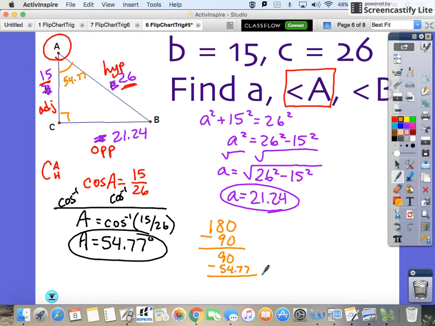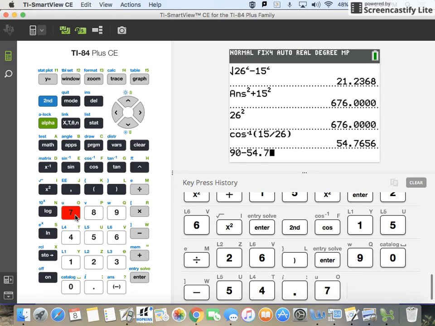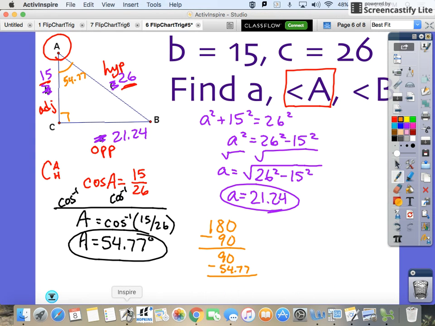And we got 35.23 degrees. Again, in class, we'll talk about whether we want to round it or if we want to keep them as decimal degrees.